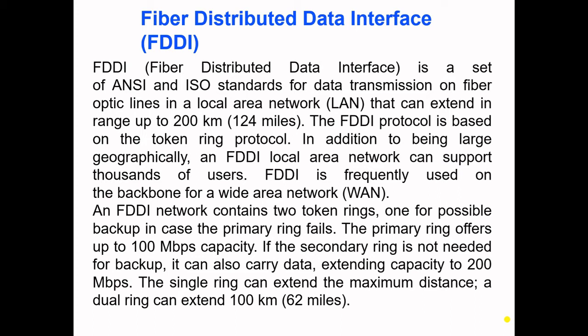The primary ring offers up to 100 megabits per second capacity. If the secondary ring is not needed for backup, it can also carry data, extending capacity to 200 megabits per second. A dual ring can extend 100 kilometers, that is 62 miles. So this is the beauty of Fiber Distributed Data Interface.